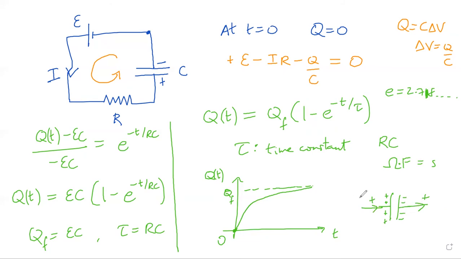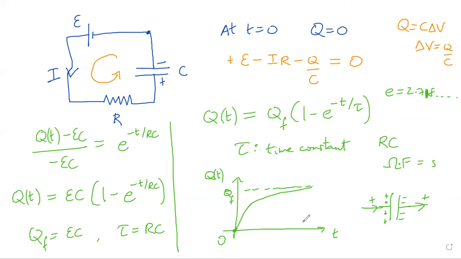But that becomes harder and harder to do. It becomes harder to bring in a new positive because it's repelled by the positives which are already there. It becomes harder to extract a positive because it is being attracted by the negatives which are there on this plate. And so as time passes, the charge does not change as rapidly anymore and eventually approaches an asymptotic value.